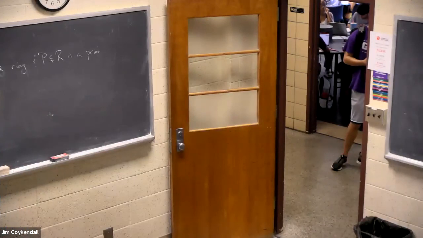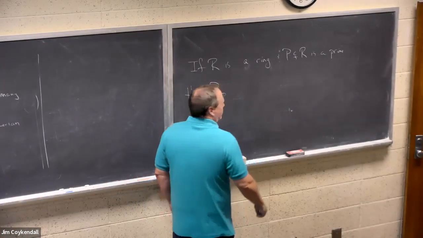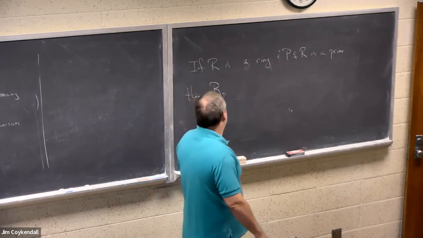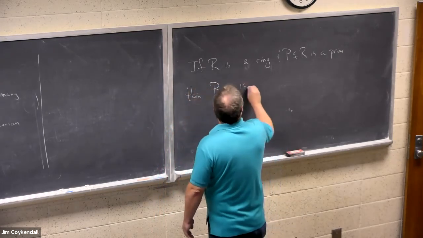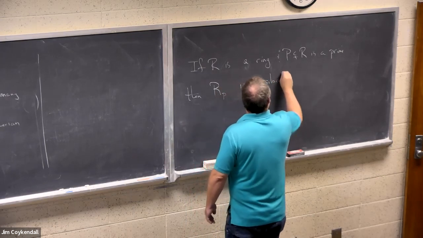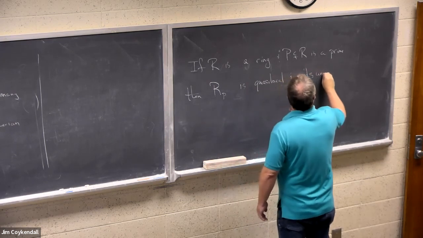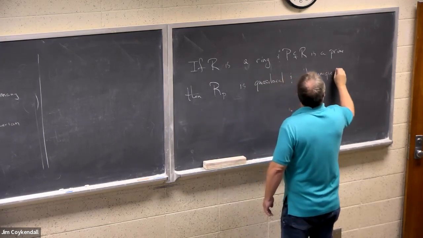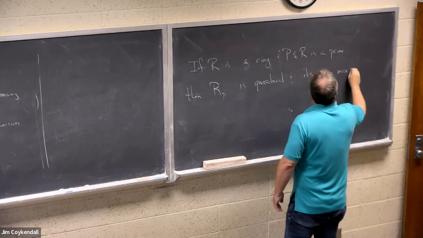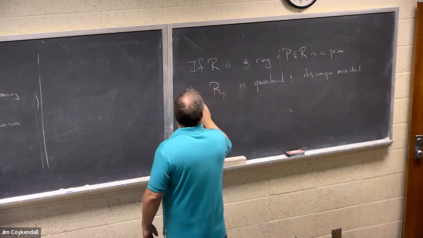Then R localized at P is actually quasi-local, and its unique maximal ideal is generated by P.